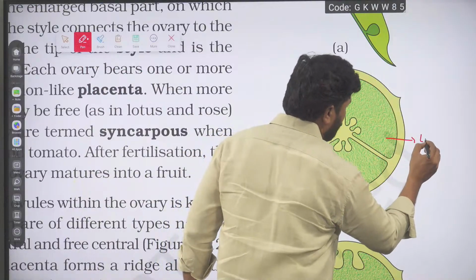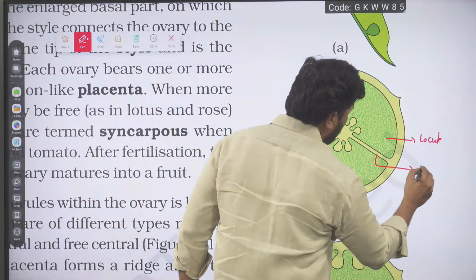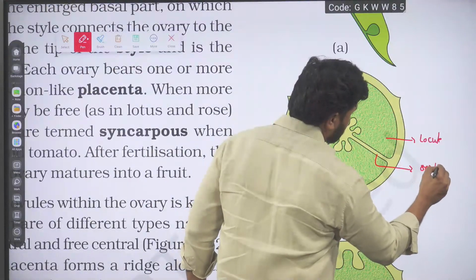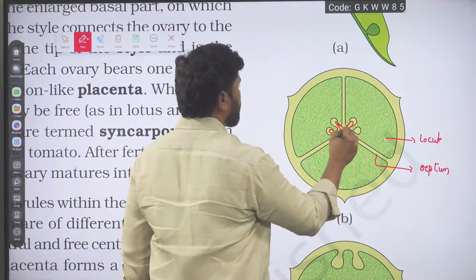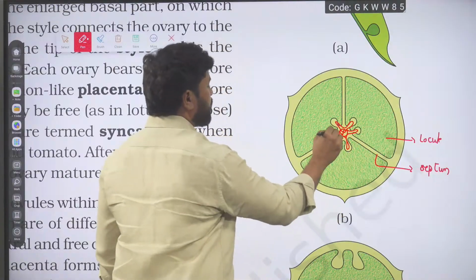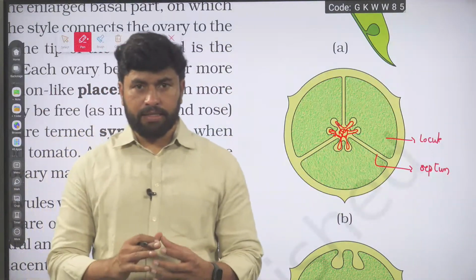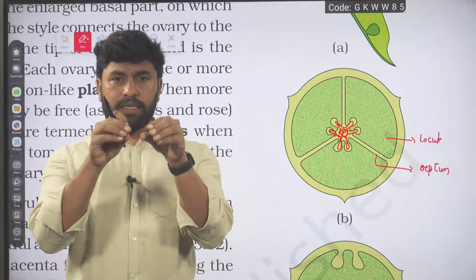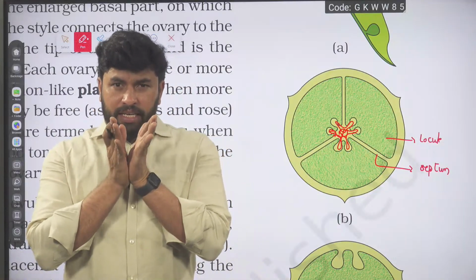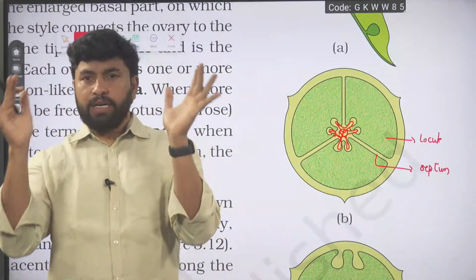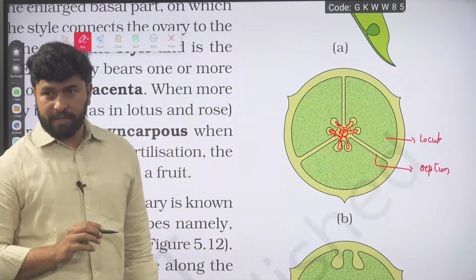To form a locule, we have a body called the septum. This is the area where placenta is present. Like this, the placenta is present at the center, and ovules enter into the locules in that multi-chambered ovary. This arrangement is called axial placentation.